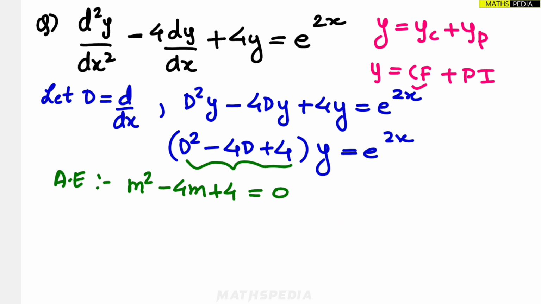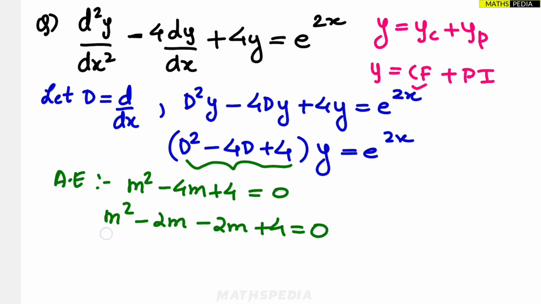So can I take minus 2 and minus 2? Yes, you can take. So m square minus 2m minus 2m plus 4 equal to 0. Since minus 2 into minus 2 is plus 4, it is satisfied. Minus 2 and minus 2, if I add, I'll get minus 4. It is also satisfied.